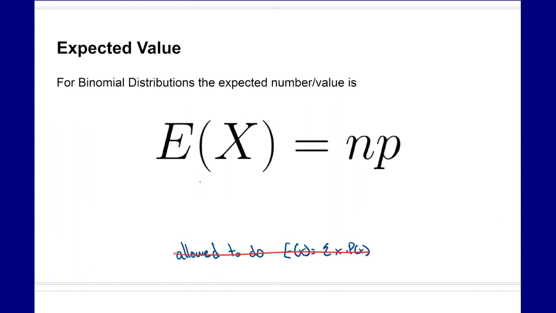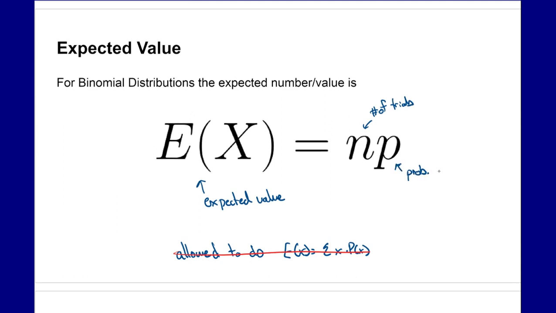So here, the expected value, again, E(X), is equal to n, which is the number of trials, times p, which is the probability of success. Which does make sense. We take the probability of success, multiply it by the number of trials. That's how many successes we're expecting to get.